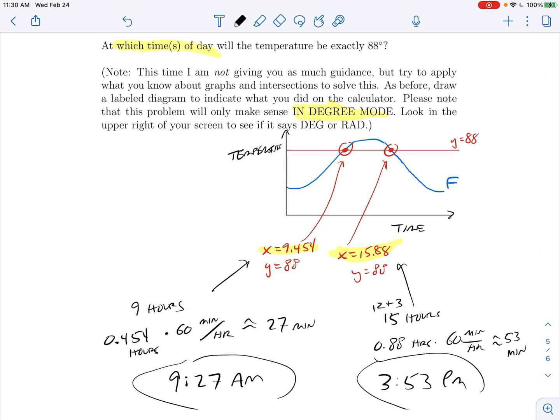So whenever possible, you want to give answers that actually sound like a human, right? If the question sounds like something a human would say, at which time of the day is the temperature 88 degrees? You don't want to give some mechanical super mathy answer like, oh, x equals 9.454. That doesn't really answer this question. If I say hey, at what time are you going to come to my party?